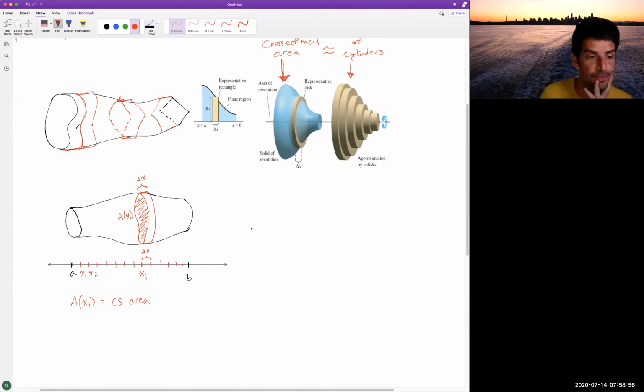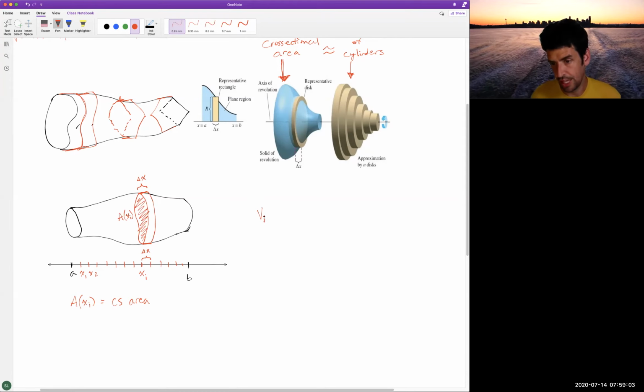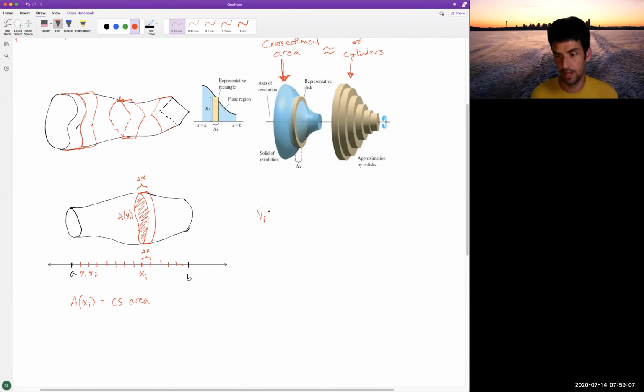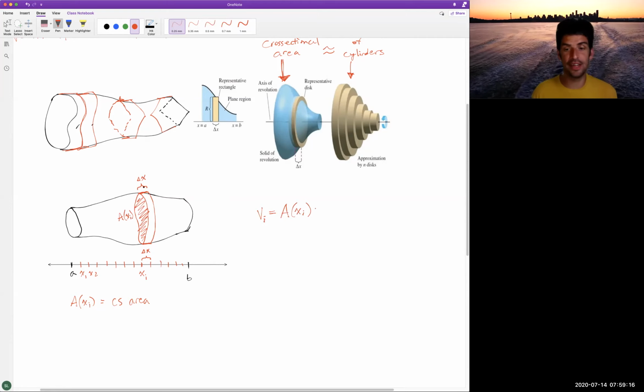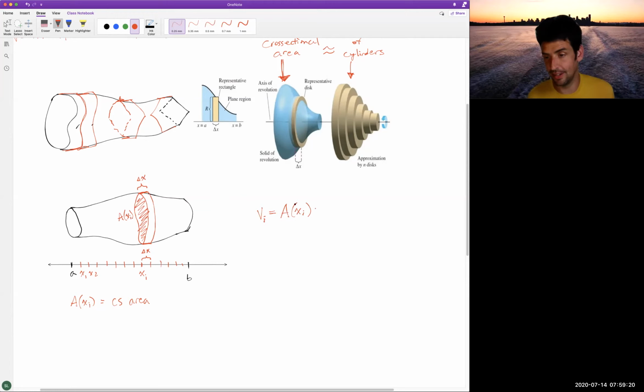That means the volume of the ith slab is equal to the area times the height of that slab. But what's the height of that slab? It's on its side, so it's the width. In either case, it's delta x.